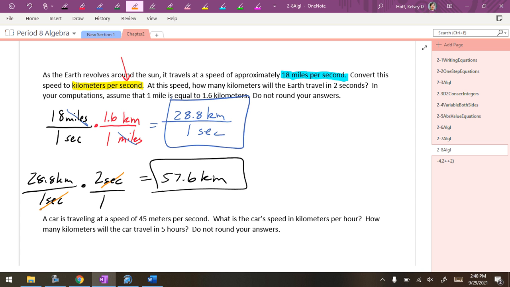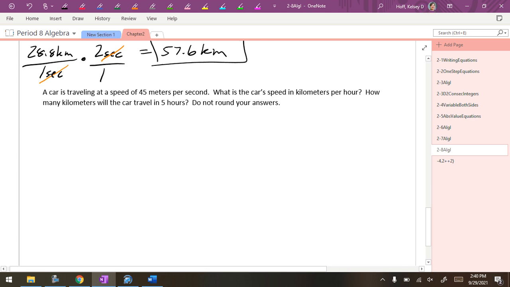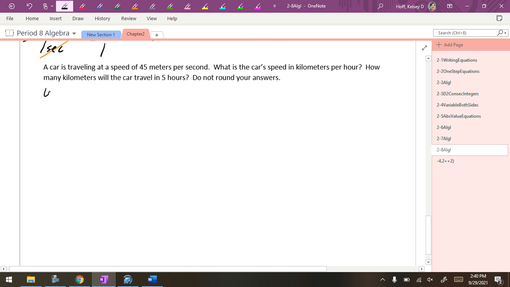We have to go seconds to hour, but we also have to go meters to kilometers. So now we're changing both things. Write down what you have to start with. 45 meters per 1 second.